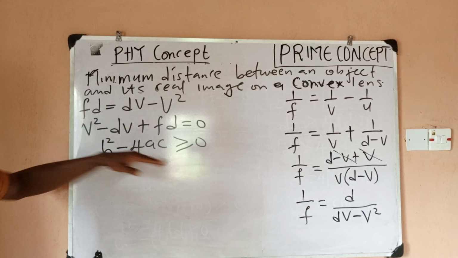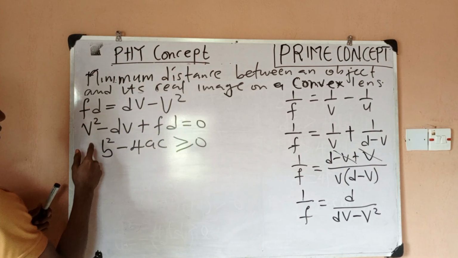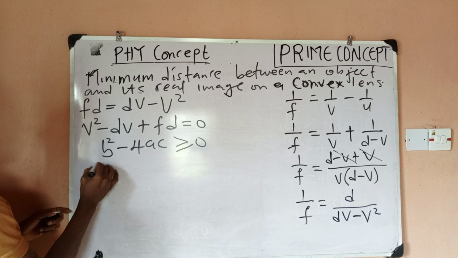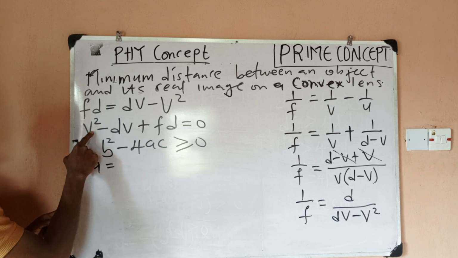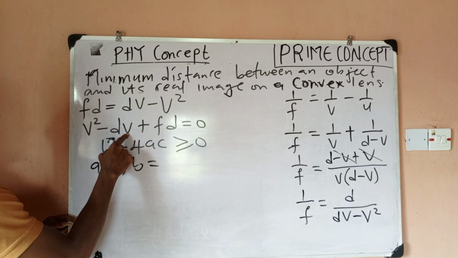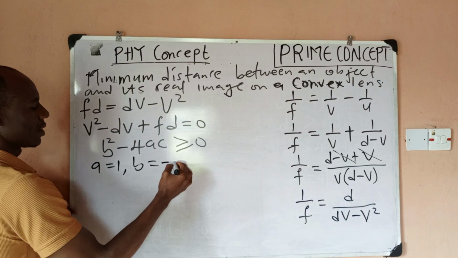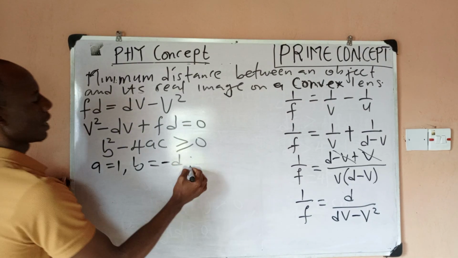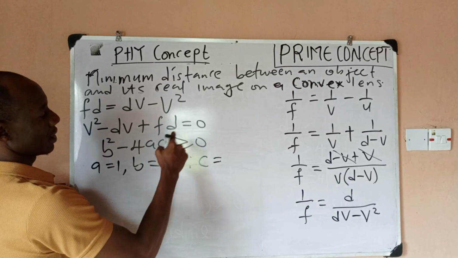So in this case, our a from this quadratic equation is the coefficient of v squared, which is 1. Our b is the coefficient of v here, which is minus d. And then our c is the constant, which is fd.